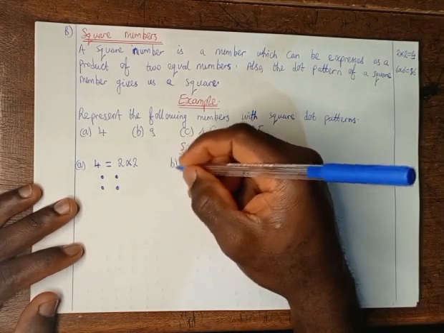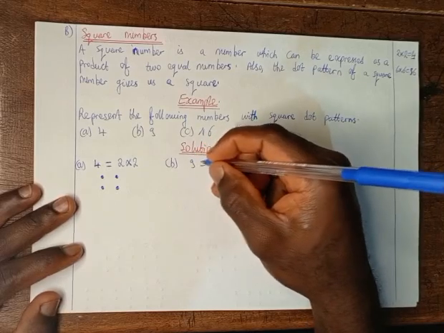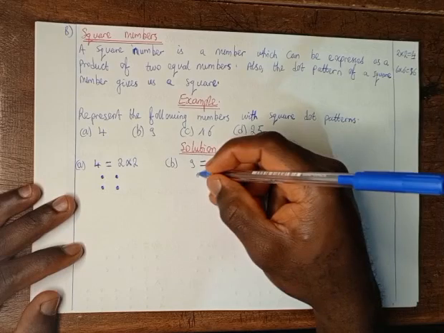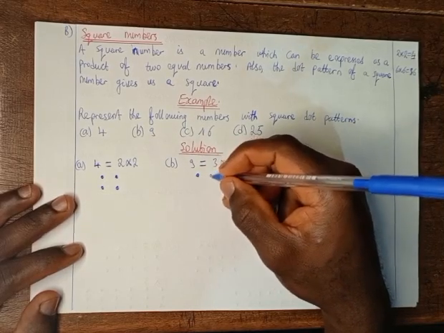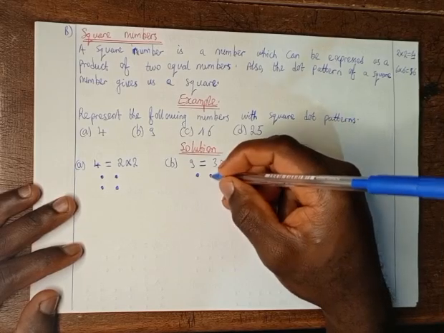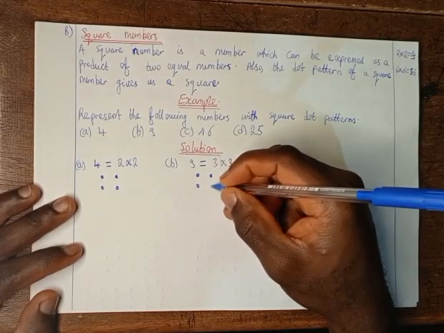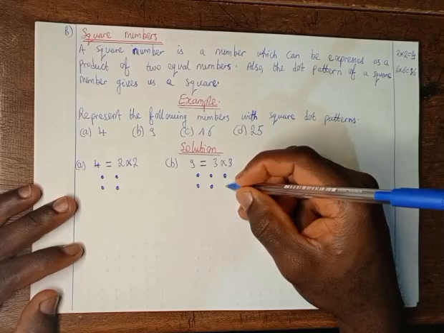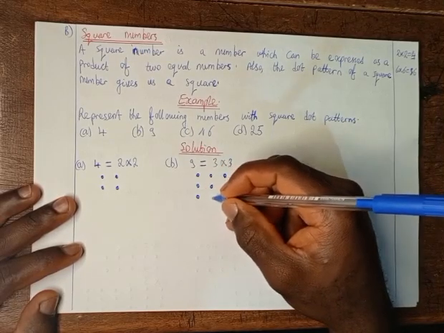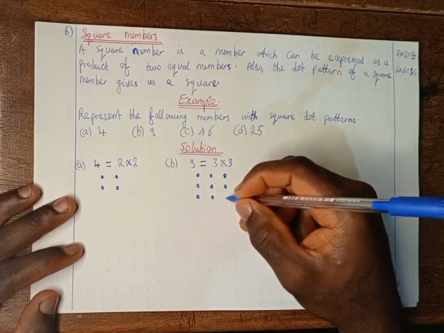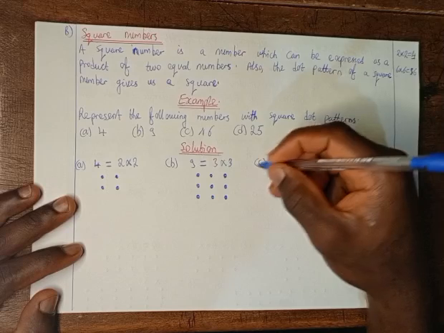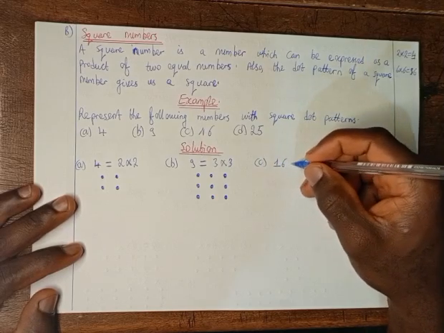We go now to B. We have 9. You know 9 can be expressed as 3 times 3. In this case, it means the first row has 3 dots, second row has 3 dots, and the third row has 3 dots. For C, we have the number 16.